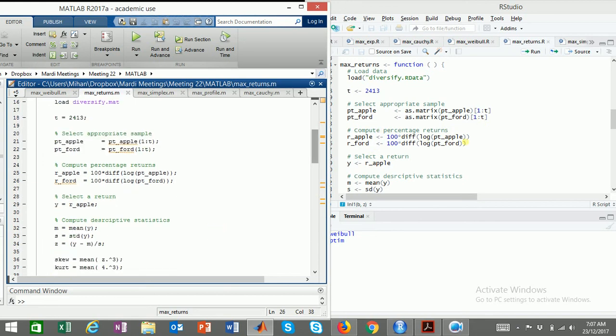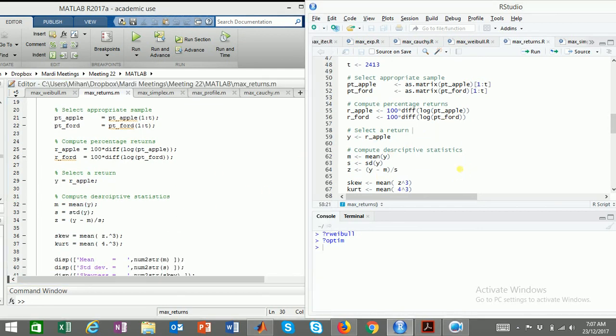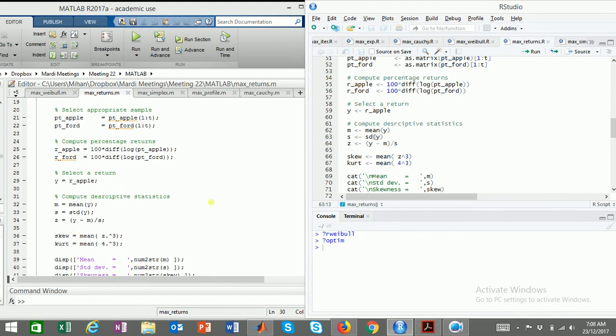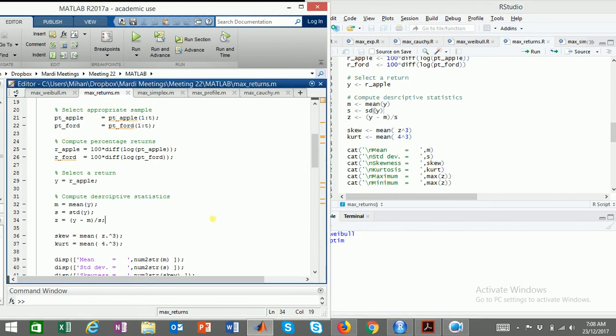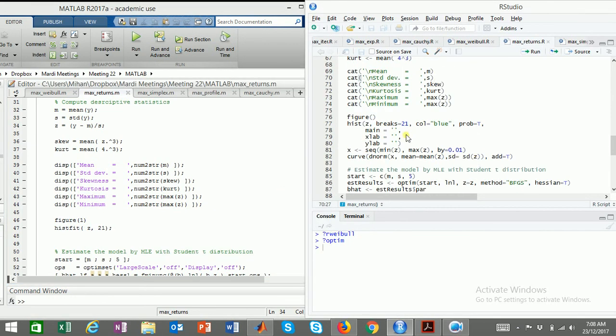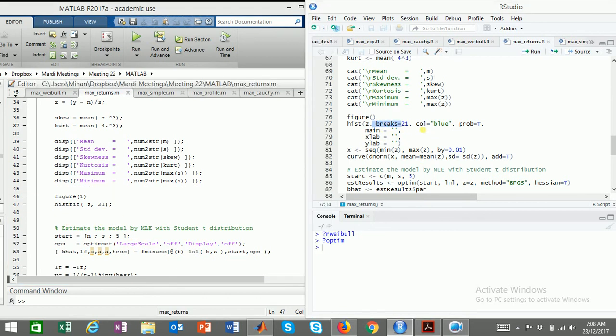We are computing percentage returns in the same method, selecting a return, and computing the descriptive statistics: mean, standard deviation, skew and kurtosis. We are showing the results. Okay, fine. We are doing the figure, histogram of z, up to 21. Now z, breaks 21, color, probability, mean, xlab. If you don't know these things, just keep them as they are.